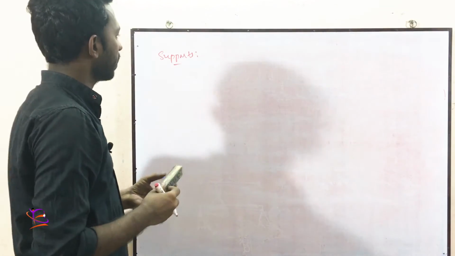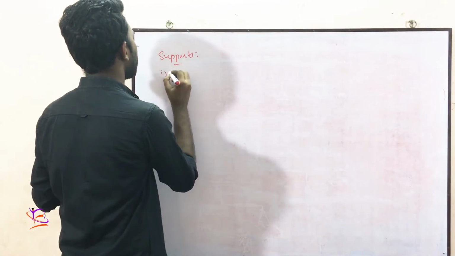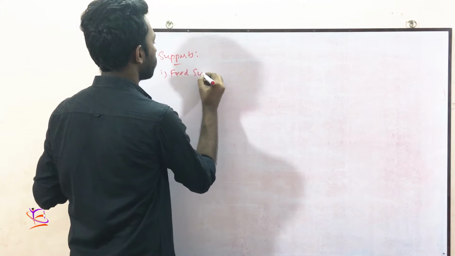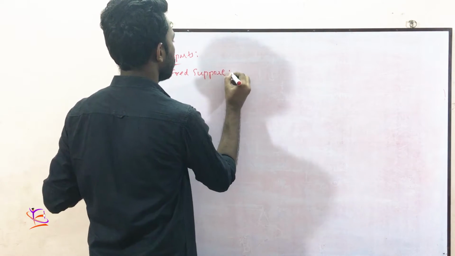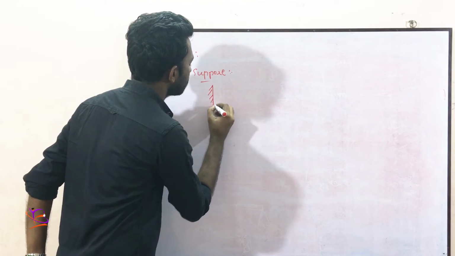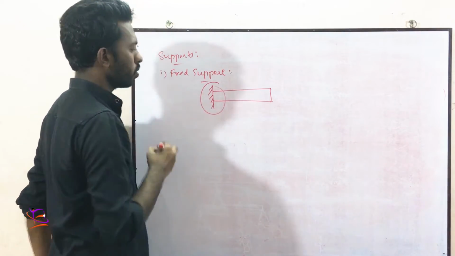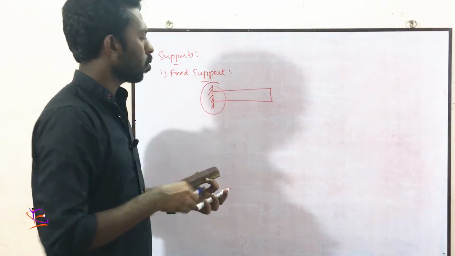Basically, in engineering mechanics we discuss three types of supports. The first type is the fixed support. This is the symbol given for the fixed support. Here I can say what the reaction may be.